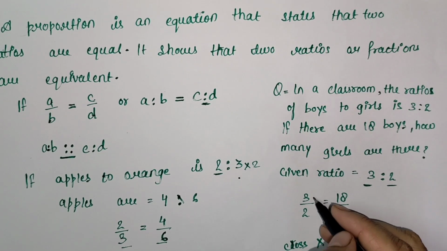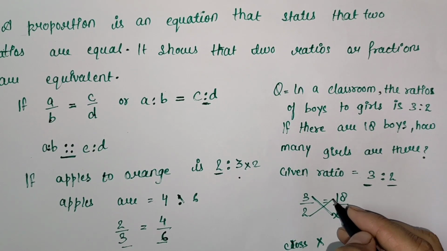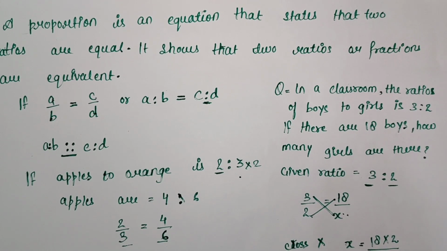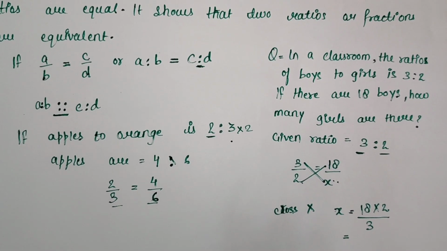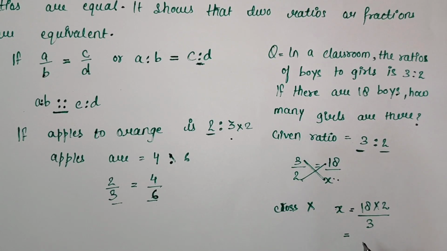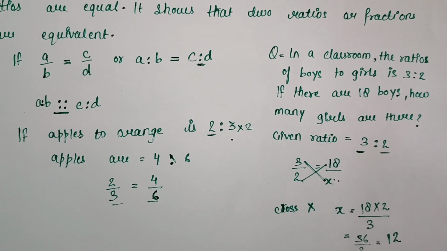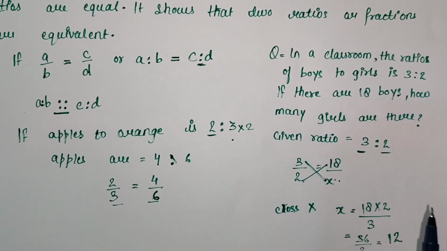Cross multiply करेंगे. 3 multiply by x and 2 multiply by 18. So x equals 18 into 2 divided by 3. 18 into 2 is 36, divided by 3. This will be 12. So there will be 12 girls in the classroom.